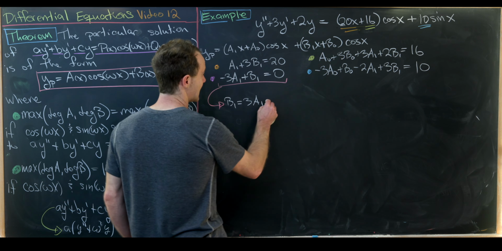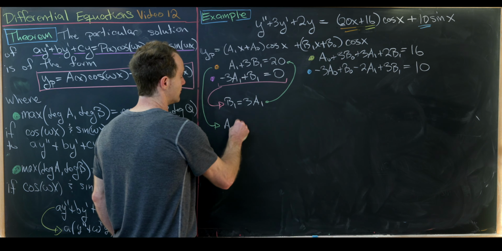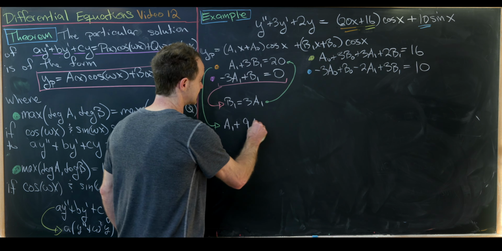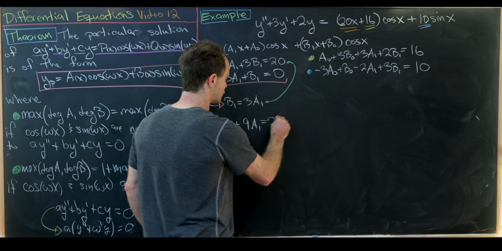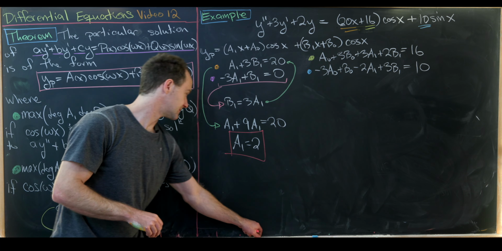And then we can take that solution and plug it into our original equation. And that will leave us with something like a1 plus 9 times a1 equals 20. So in other words, a1 equals the number 2. So that's good. We've got a value for a1 immediately.